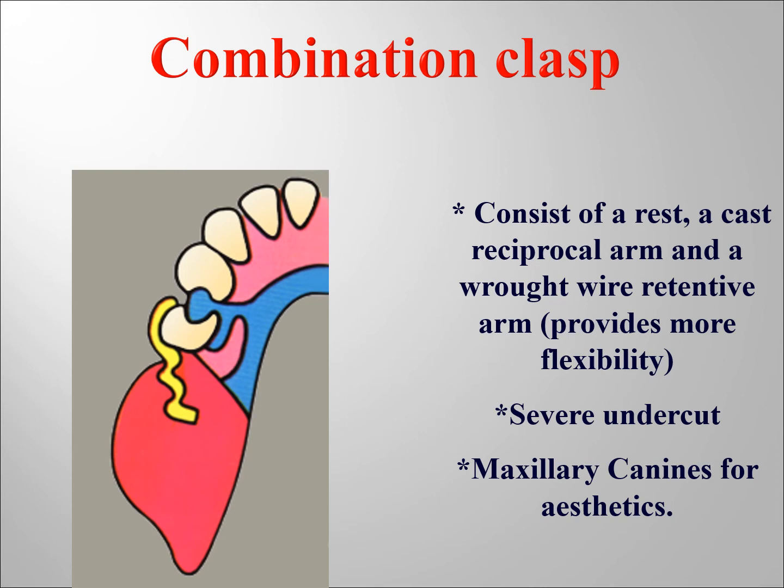It has a rest and reciprocal arm made of cobalt chromium or cast, but the retentive arm is made of wrought wire. This provides more flexibility, and it is more aesthetically pleasing. So it can be used where you have severe undercuts, or when you have maxillary canines that you want to use as abutments, because the wrought wire can be hidden more easily than the cast clasp.